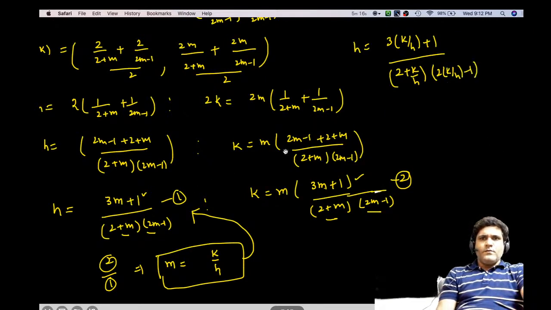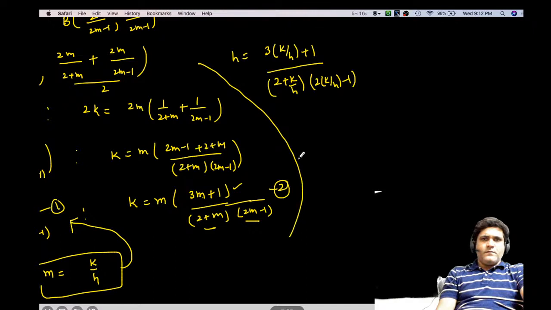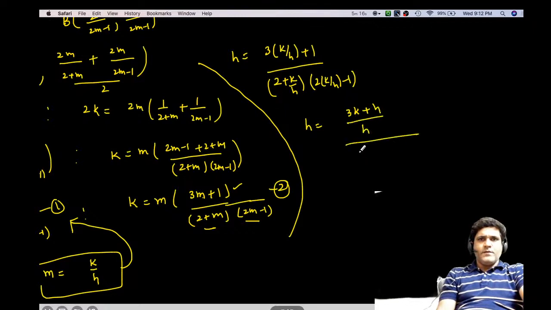So if you simplify this one, then h is equal to 3k plus h by h over 2h plus k by h, into 2k minus h by h.